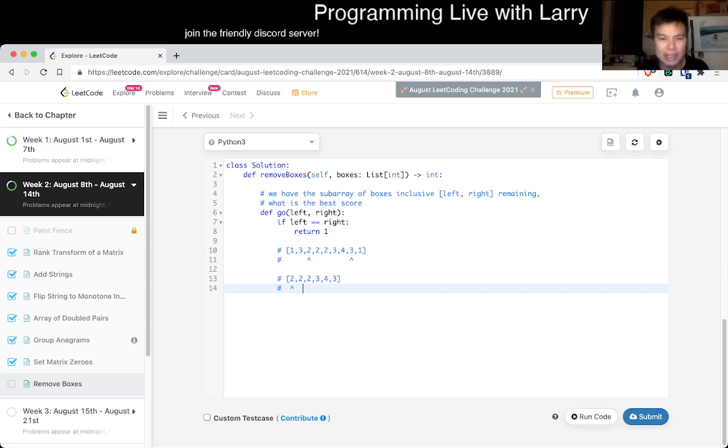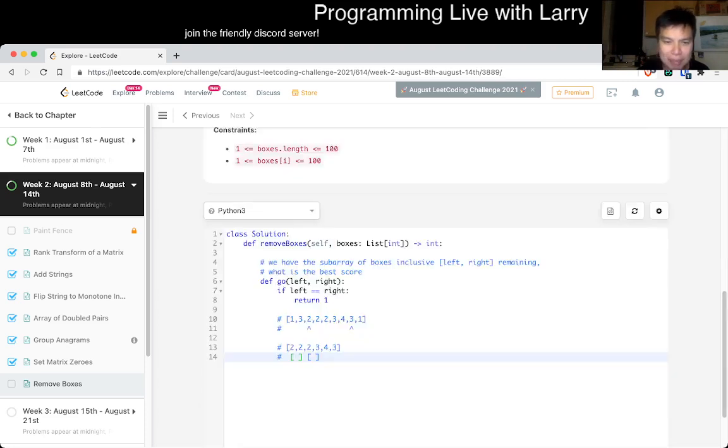I mean, maybe not strictly speaking, but what I said was probably poor reasoning. The reason why we can do this is that if we remove something in the middle, let's say for whatever reason we remove these things in the middle first, that's equivalent, because in this problem the order doesn't matter per se.